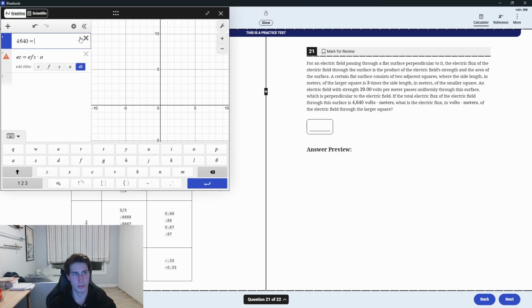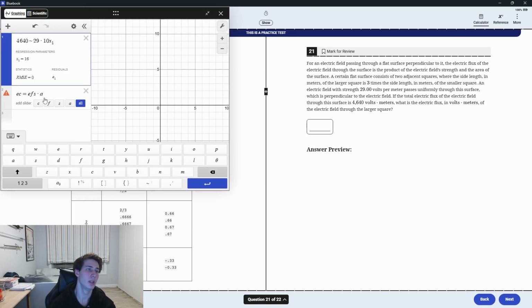We know that the electric flux is 4,640, and the strength is 29, and we have to multiply that by 10x, because that was our area. So in this case, we can have Desmos solve for x for us, just using regression. And we get x1 is equal to 16. So we know that each side length is 16.